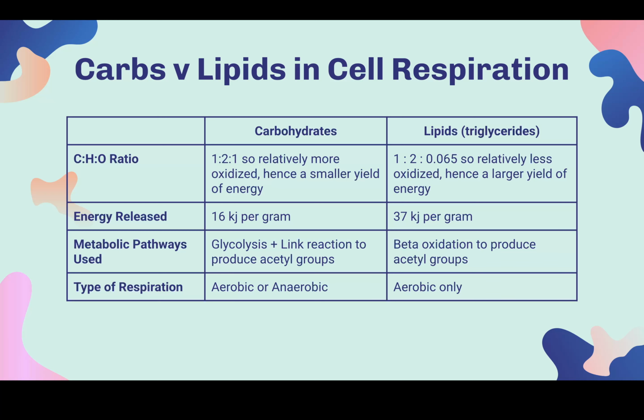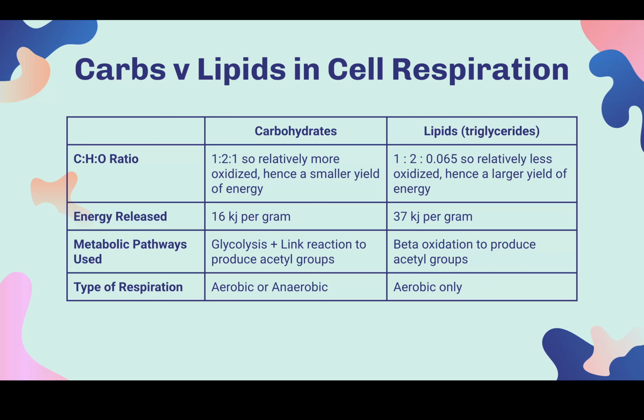The metabolic pathways used, like I said, glycolysis and the link reaction are only the beginning for carbs, to create those acetyl groups. But when lipids are being broken down, there's something called beta oxidation. Now, you don't need to know how it works, you just need to know that there is a difference.